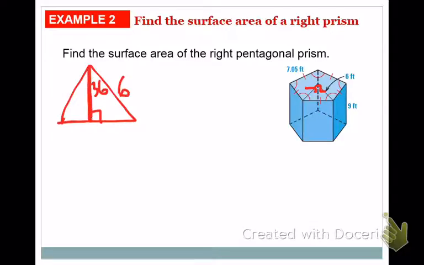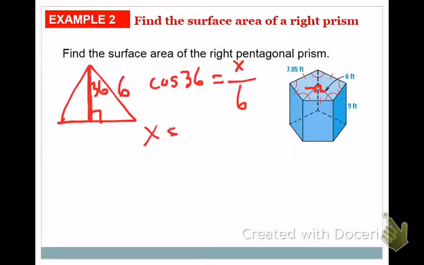Which trig function would I use? We have to find the adjacent. We know the hypotenuse. Which trig function is that? Aaron? Cosine. Yep. Cosine. So we do cosine of 36 equals the adjacent x over hypotenuse 6.